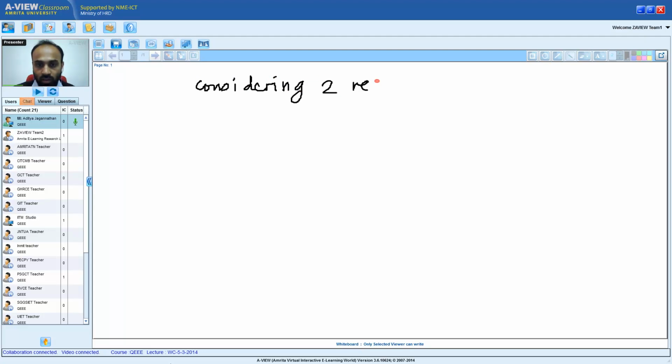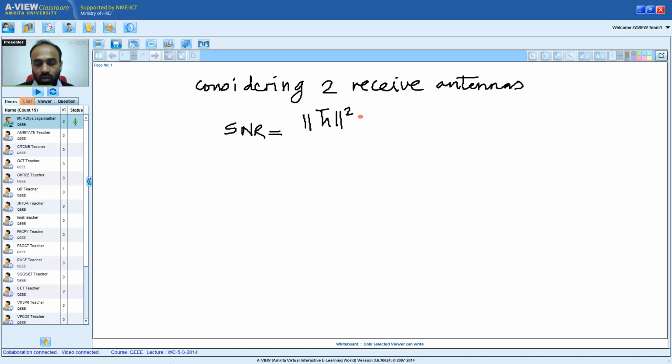considering two receive antennas, we have SNR equals norm of h bar square times P over sigma square.